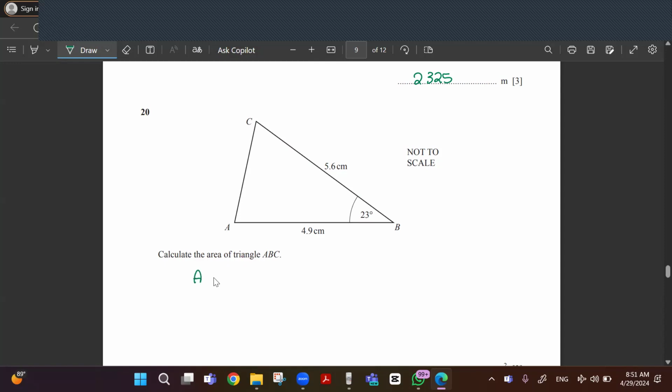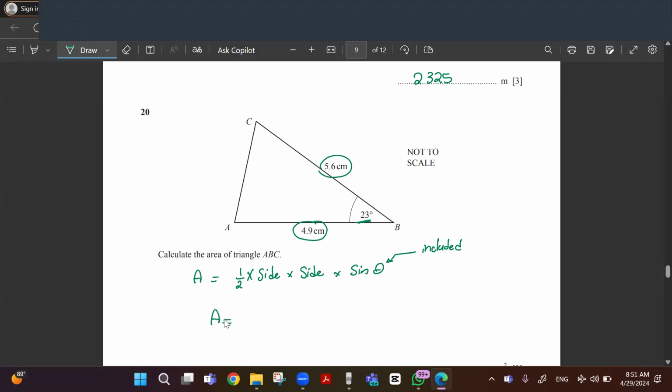The area of any triangle equals half multiply by the side multiply by another side multiply by sine the angle which is included between them. Do I have this? Yes, I have this side and the angle included between them.